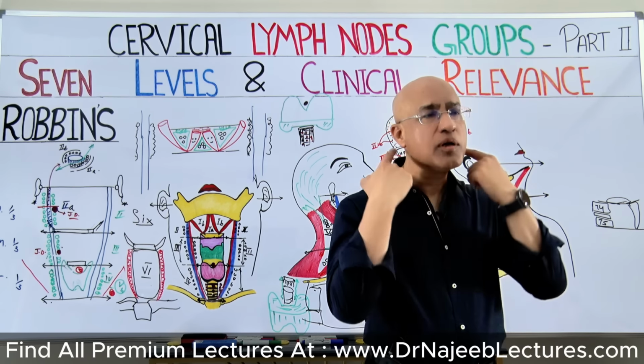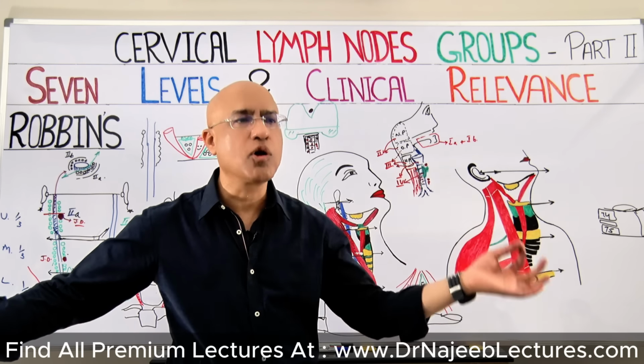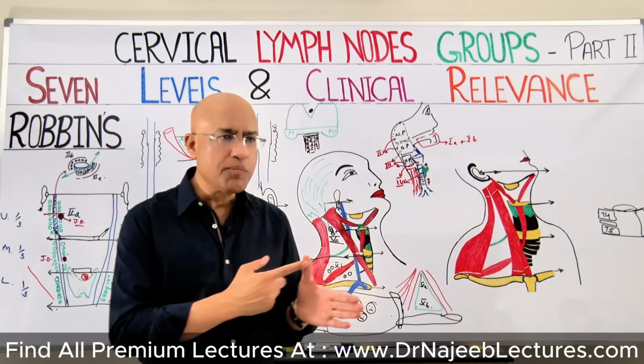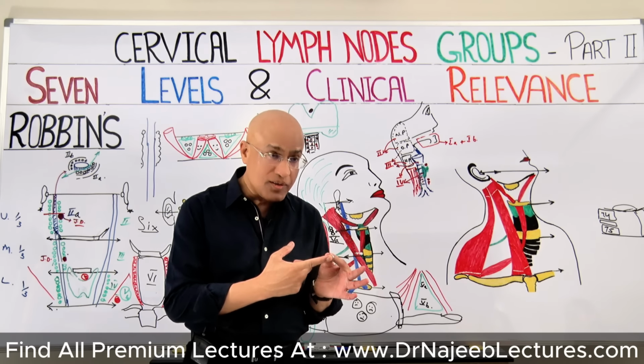Another important thing is that even in research labs, when they are working on a certain level of lymph nodes, they can communicate very easily. When one doctor says level 1A, everyone understands which lymph node group is being talked about. So it is very important for anatomists, pathologists and radiologists.